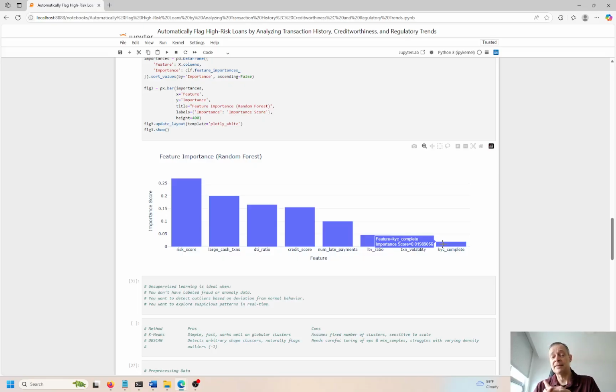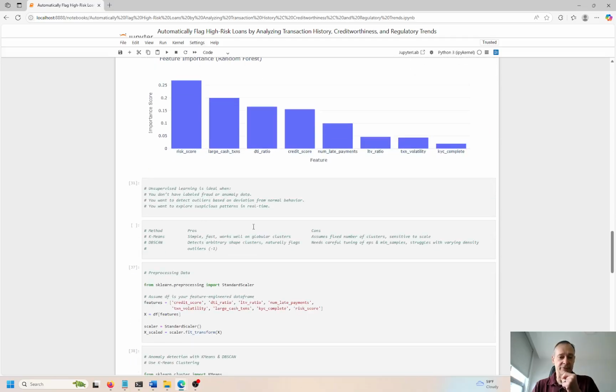Maybe Iraq, Iran. Has the customer had a history of late payments or not making payments, right? So understand your customer, but that has a much less impact on the risk of the loan that we're making than the risk score, the large cash transactions, debt to income ratio, credit score, and number of late payments. Those are the top 5.